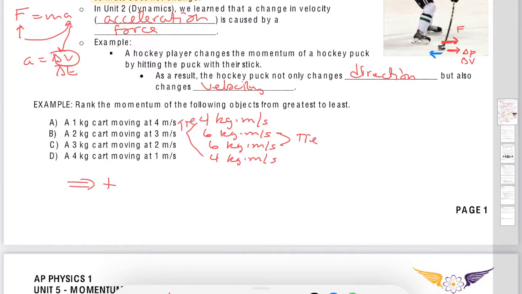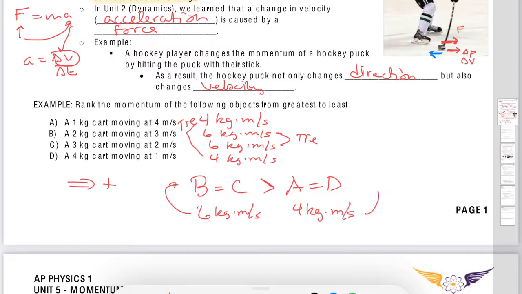So how will this be arranged? Our greatest will be situations B and C, but they're going to be equal, and that'll be greater than A and D, which are equal. Because this was 6 kilograms times meters per second for these two, and this was 4 kilograms times meters per second for these two.